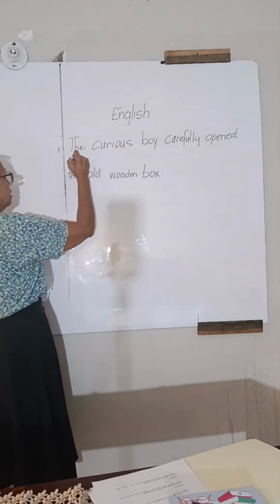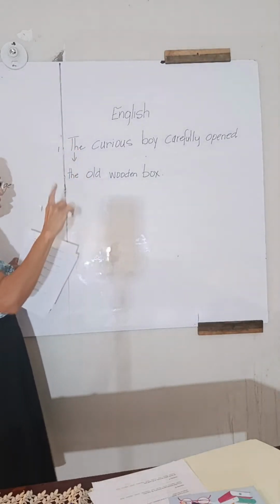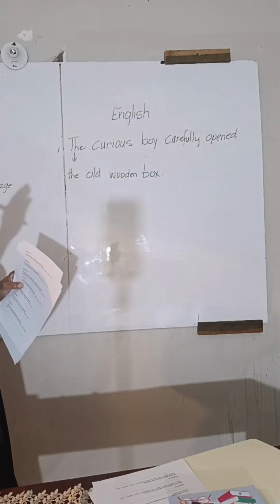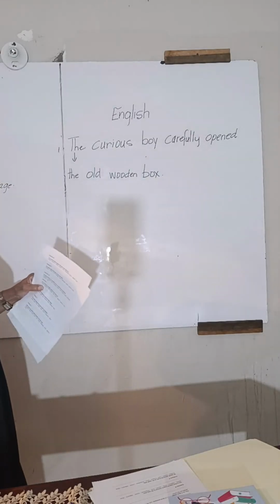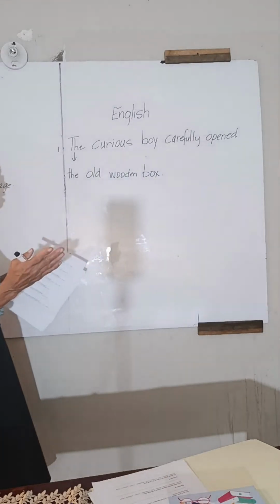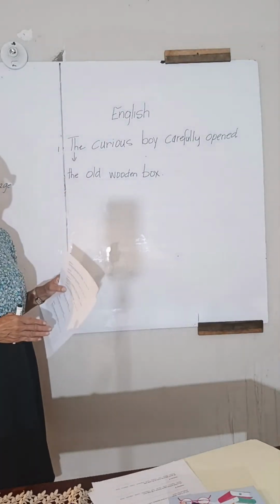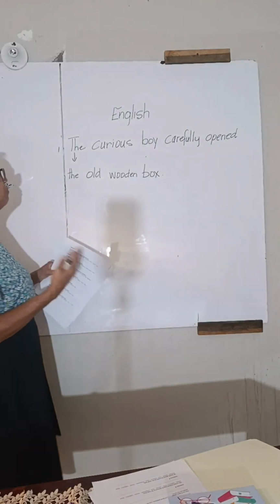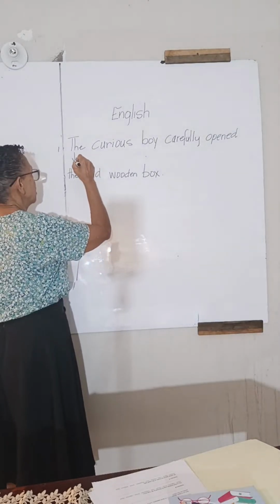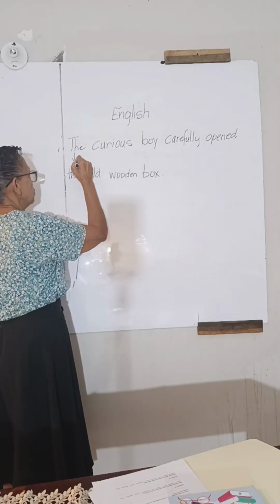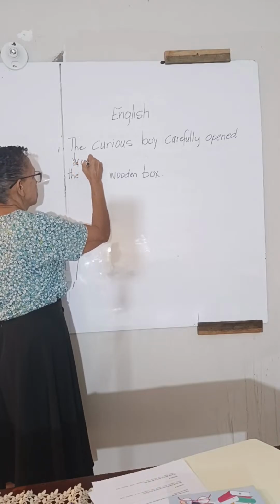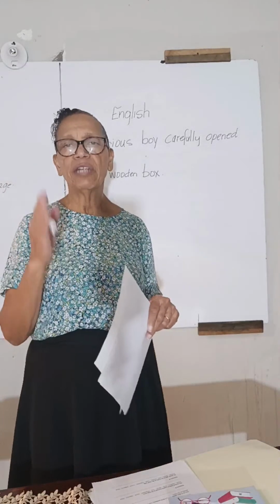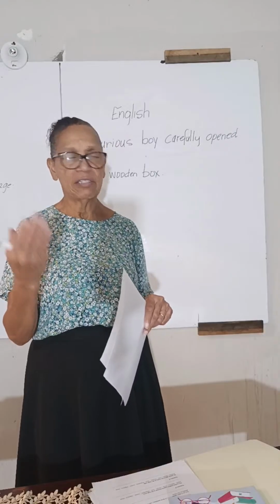The curious. This is article. Definite article means the specific. The book. The boy. One boy. The. Indefinite. Any. A boy ran across the street. A boy. You don't know him. But if you say the, that's definite. The curious, so this is article, definite article. If you want to write definite. And if you don't see article, you can put it on the adjective. Sometimes they use articles on the adjective.